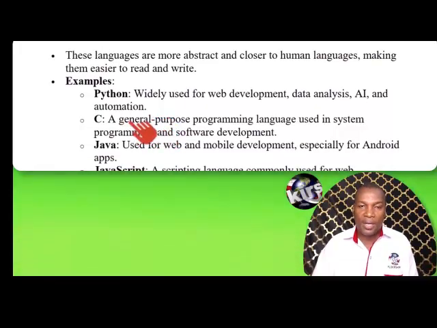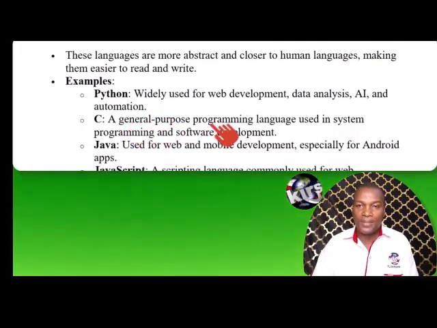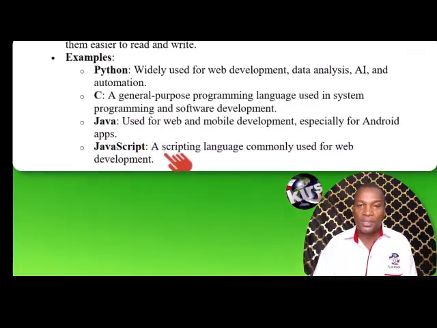We have C, a general-purpose programming language used in system programming and software development. Another example is Java, which is used for web and mobile development, especially for Android applications. We also have JavaScript, a scripting language commonly used for web development.